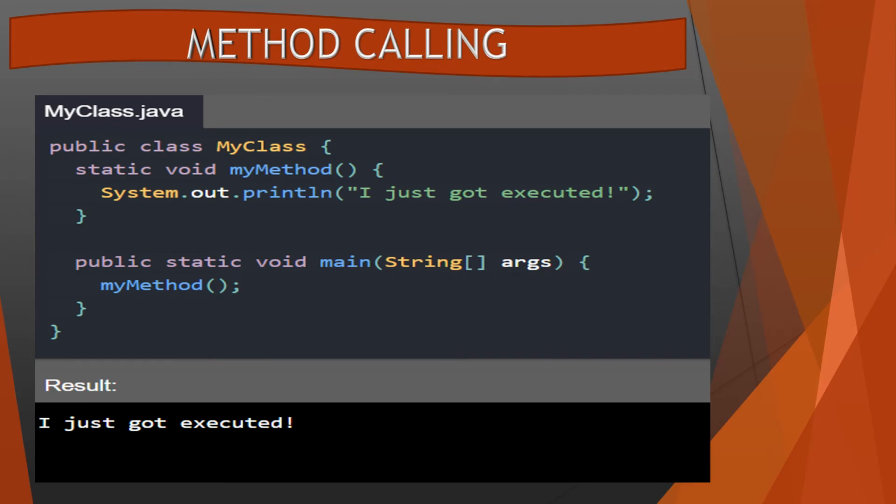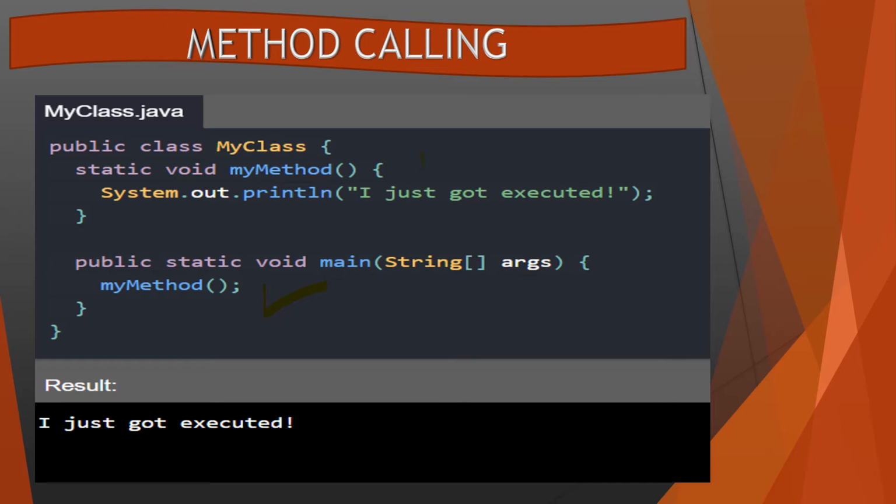Now to call a method in Java, write the method's name followed by two parentheses and a semicolon. So this is the example. As you can see in our example, myMethod is used to print a text. That is the action when it is called.